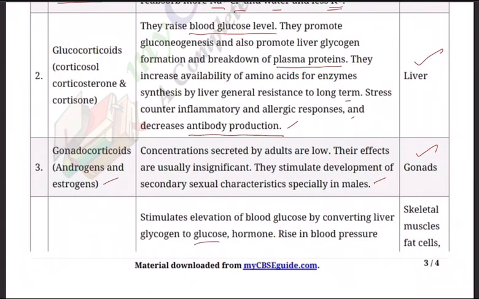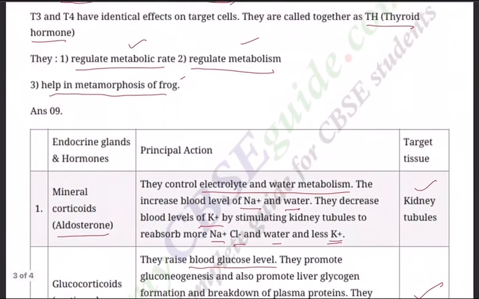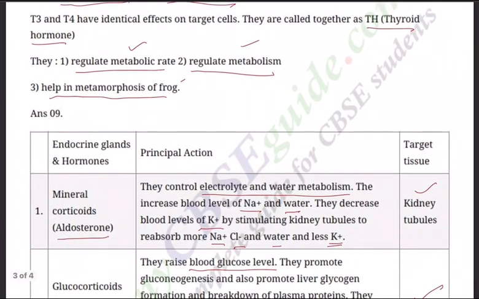Another hormone stimulates elevation of blood glucose by converting liver glycogen to glucose. Hormone causes rise in blood pressure. Target area skeletal muscles and fat cells. That means the adrenal gland is so important that it is almost controlling all the important activities in our body.